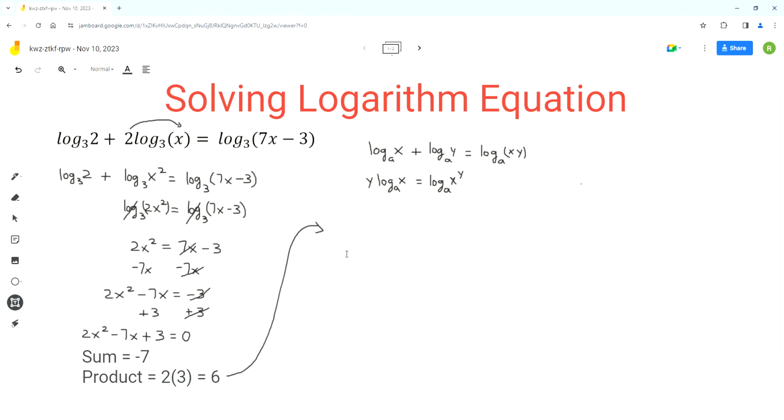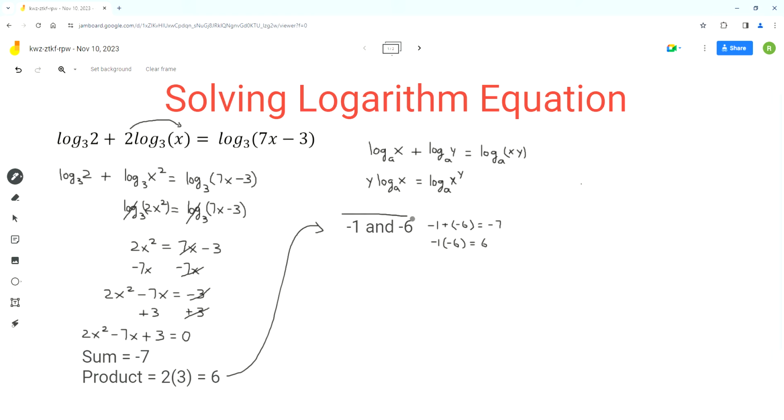So the first two numbers whose product is 6 are 1 and 6. Now if I add 1 and 6, I get 7, not negative 7. So we should make both of these numbers negative, because -1 plus -6 is equal to -7, and -1 times -6 is equal to +6.